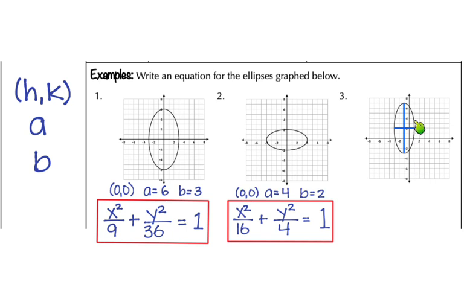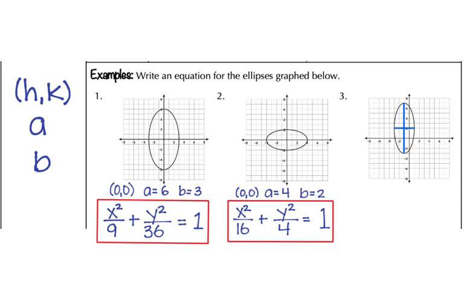In this third problem, I put lines in here so I could figure out where the center is. So I went from the utmost top to the bottom, and that'd be my major axis. So this is a y, or a vertical. So I know my A is going to be under the y part of the equation, and the B here is the minor axis.